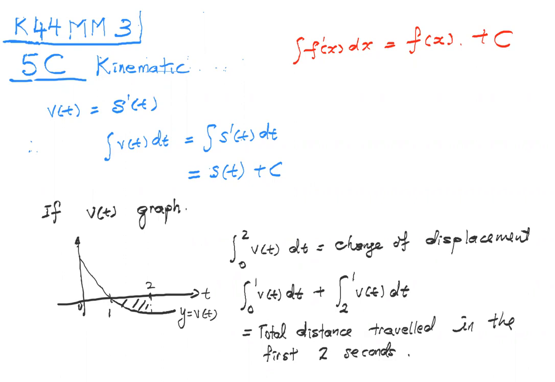If you understand that, can we go to example 8 in your textbook? Can you please look at example 8? I'm going to do it a bit differently from your textbook, okay? Let's do example 8. How far does P travel in the first 4 seconds?